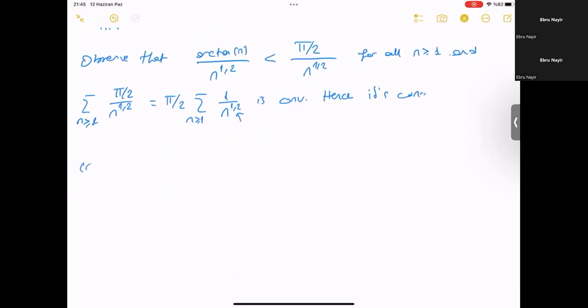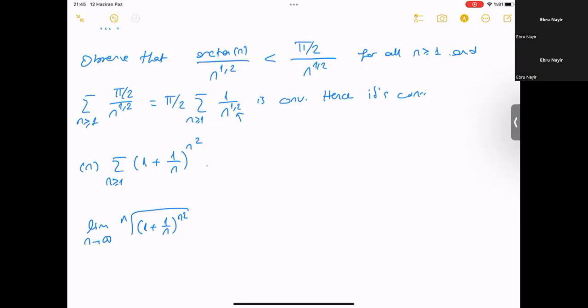Now, part M, we're given this. Now we will use the ratio test, sorry, the root test. So we need to compute the limit of the nth root of this.